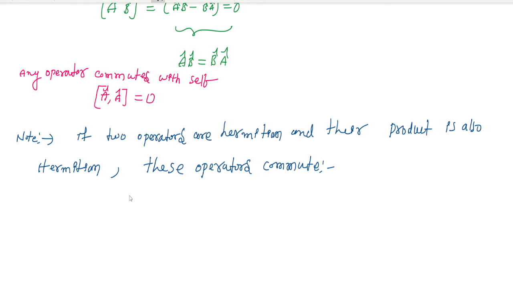So for example, here I'm taking A and B. These two are Hermitian operators. Then we know (AB) dagger equals B dagger A dagger, which means BA, right?